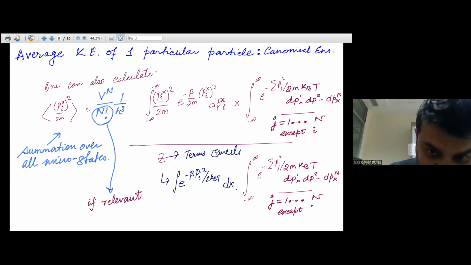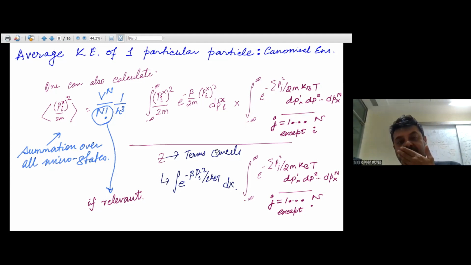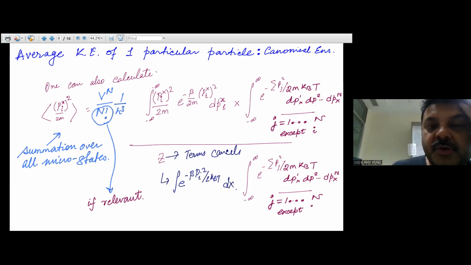And the numerator: what we are doing is figuring out each microstate and its probability. The probability of accessing different microstates is e to the power minus beta by 2m times this expression, and we are summing over all.